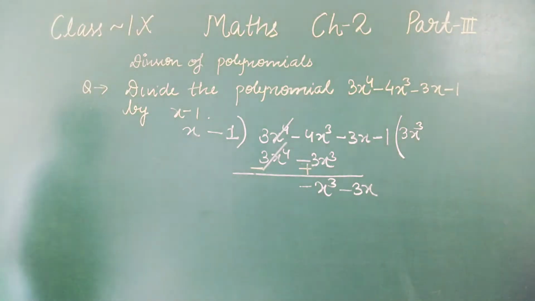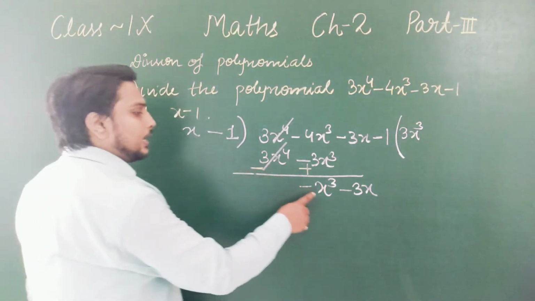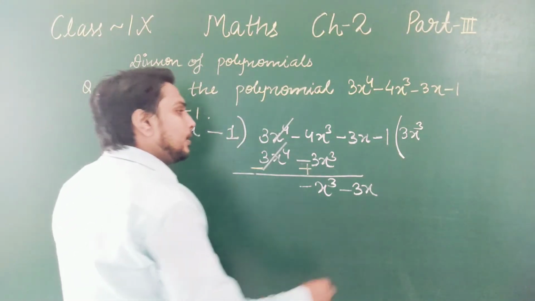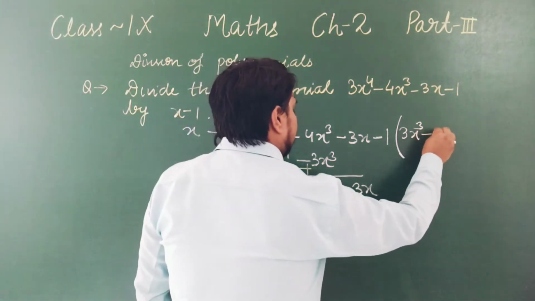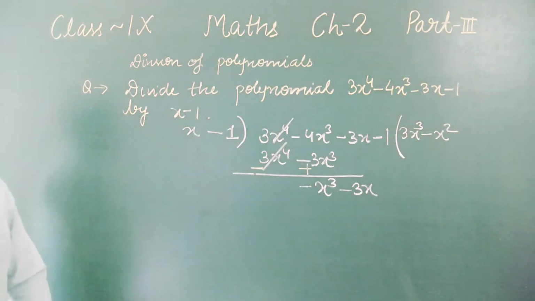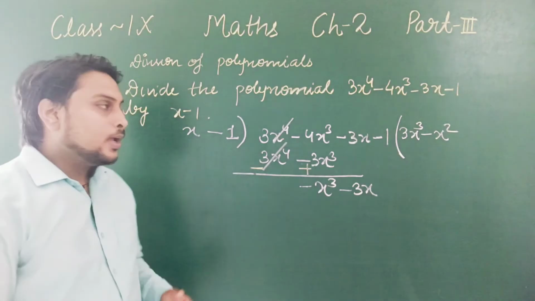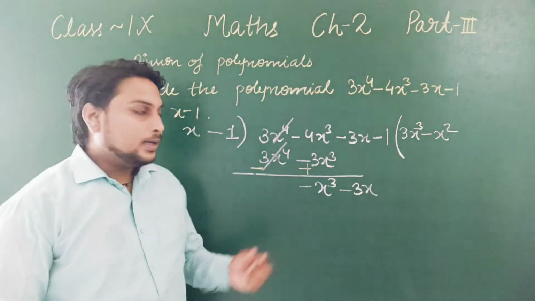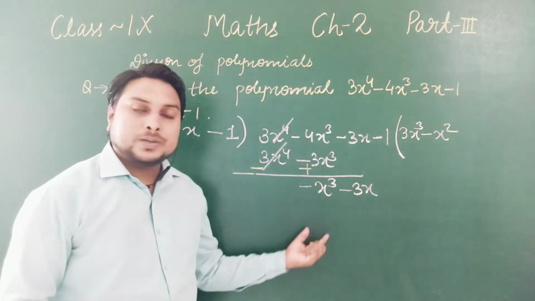Now again we will make the first term and first term equal. So if here is x and here is minus x cube, then by what number should we multiply? We should multiply by minus x square. Why have we multiplied by minus x square? So that the sign should also be same.